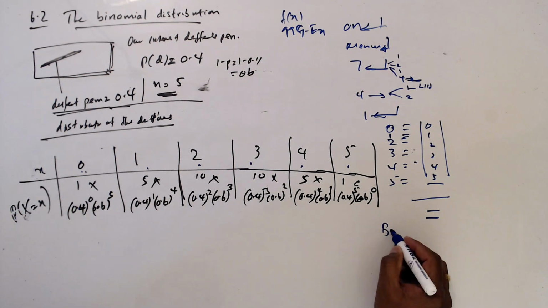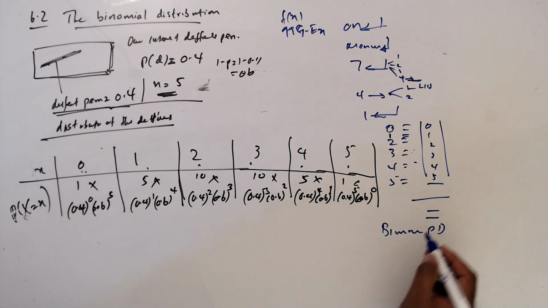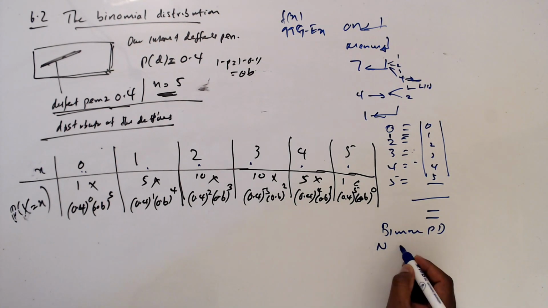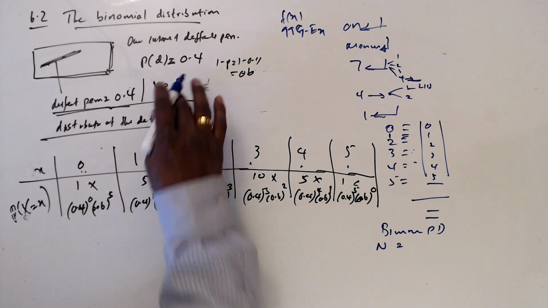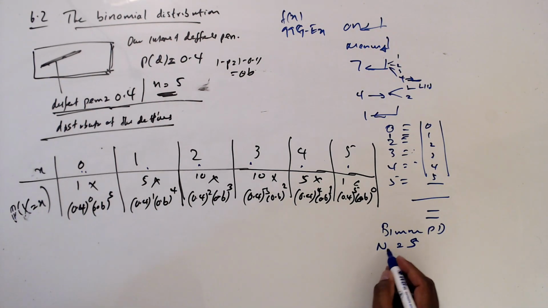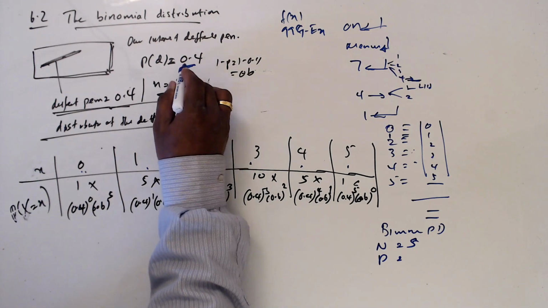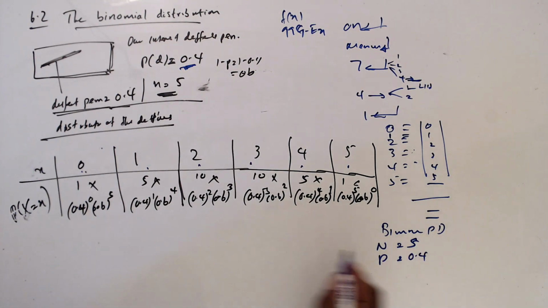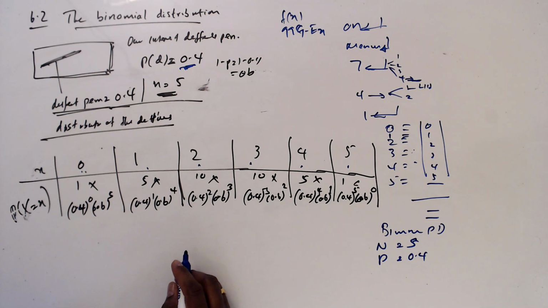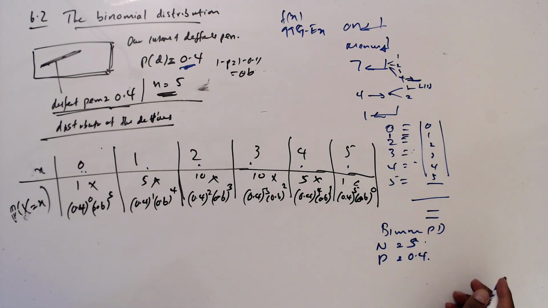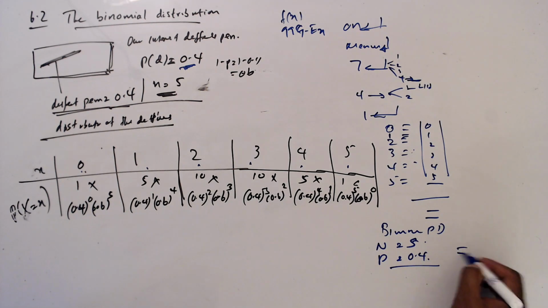Then it brings you to the binomial PD. They will ask for the number of trials, which is 5, and the probability is 0.4. So type 5 enter, 0.4 enter, and then finally press the equal sign.